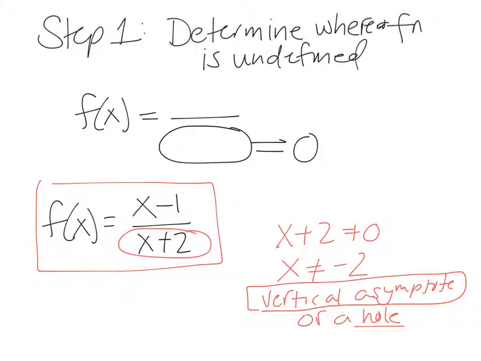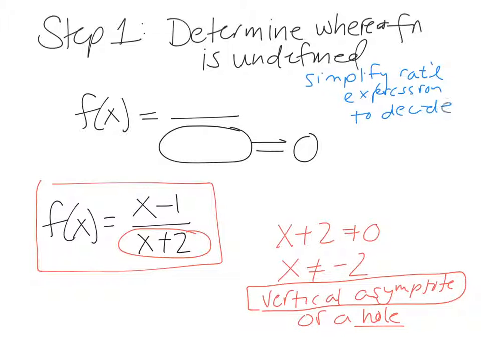So step 1 is to determine where the function's undefined, and then you simplify your rational expression by factoring and canceling. If the 0 doesn't cancel out in the simplifying, then it's a vertical asymptote.